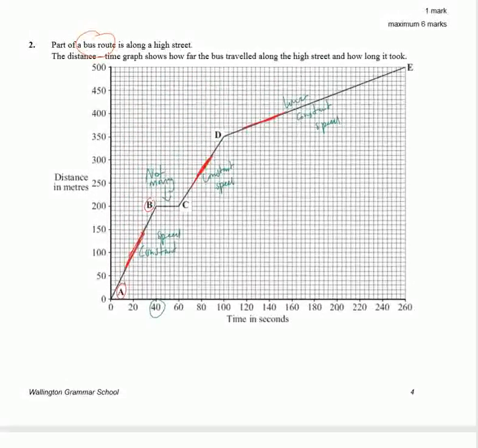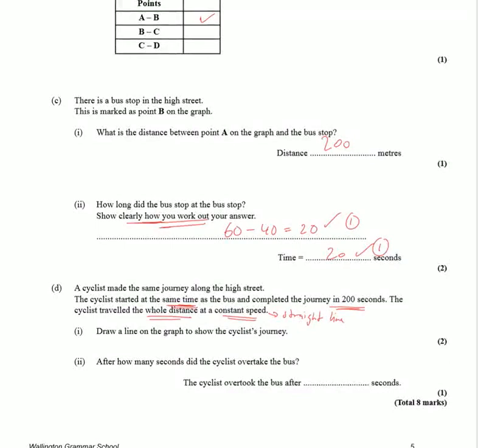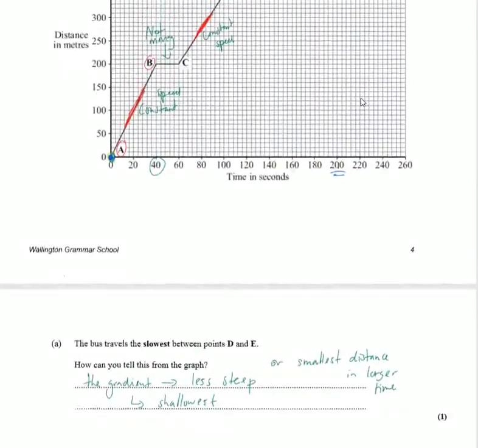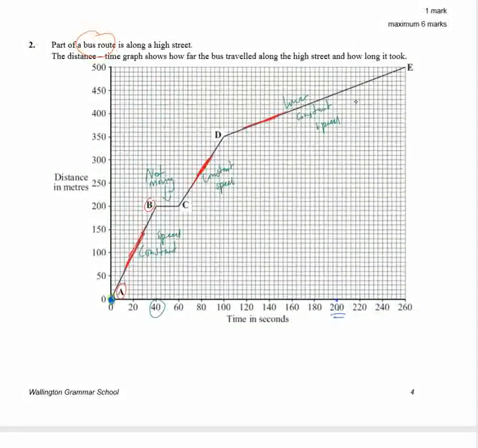Start at 0, and 200 seconds is there. It says it traveled the whole distance, so it's going to reach the entire distance. Let me go up all the way here. That's the entire distance. That's where it will end. So therefore I'm going to have a nice straight line.